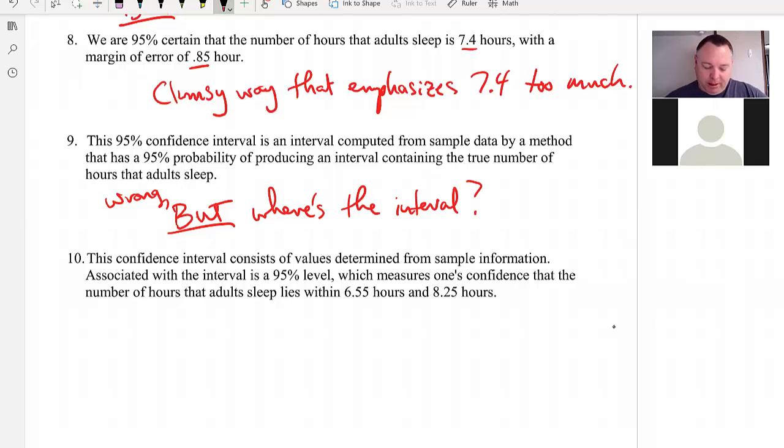Number 10: this confidence interval consists of values determined from sample information. Associated with this interval is a 95% level, which measures one's confidence that the number of hours that adults sleep lies within 6.55 hours and 8.25 hours. This answer dances around the correct interpretation.